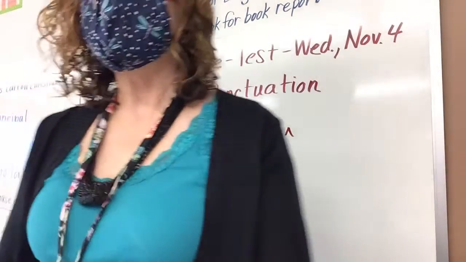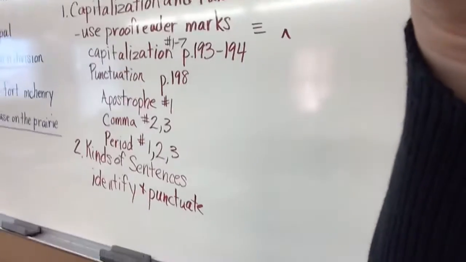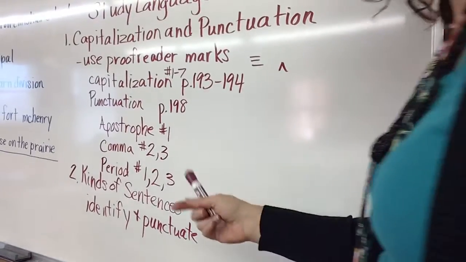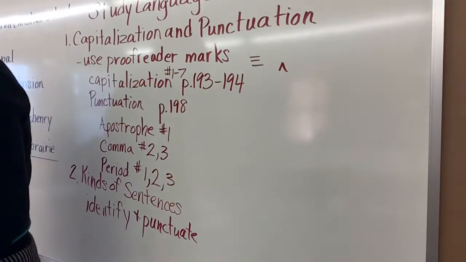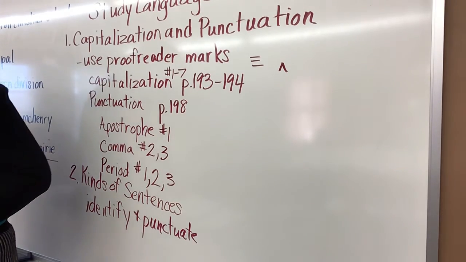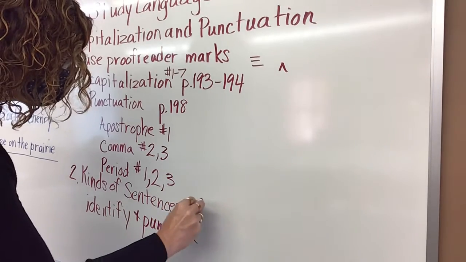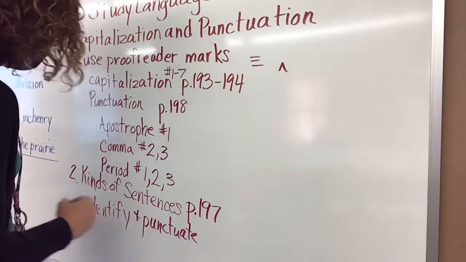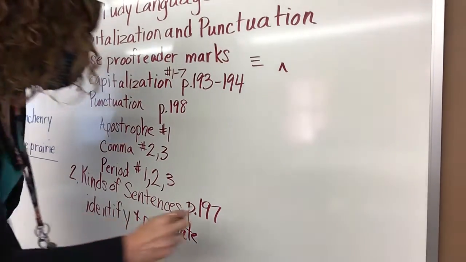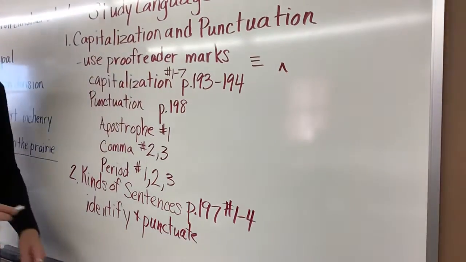So you have to tell me, is it declarative? Is it interrogative? Is it exclamatory? Or is it imperative? And then you need to also punctuate it accordingly. You can find the rules for that on page 197. So beside kinds of sentences, put page 197. And it is numbers 1 through 4 because there are 4 kinds of sentences that we've learned.